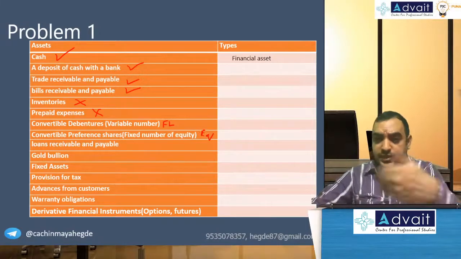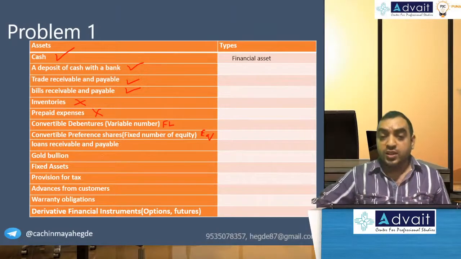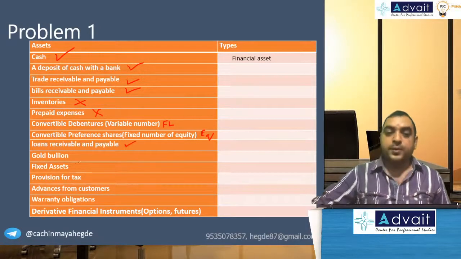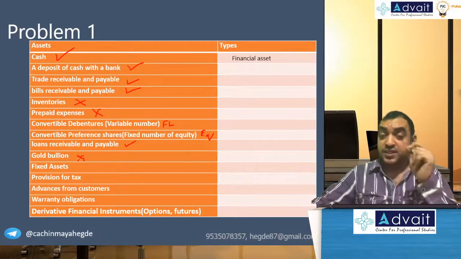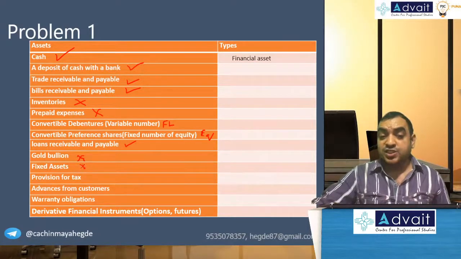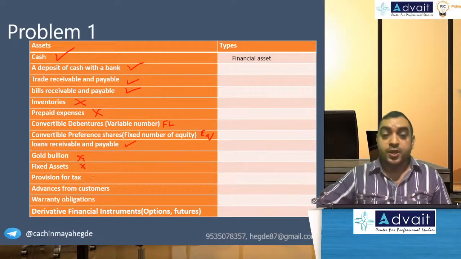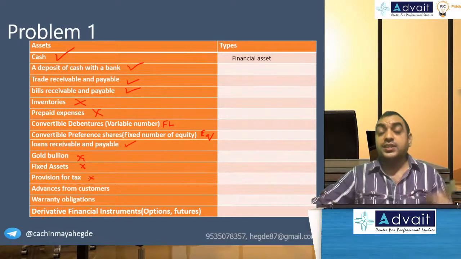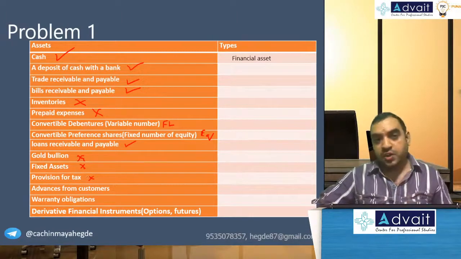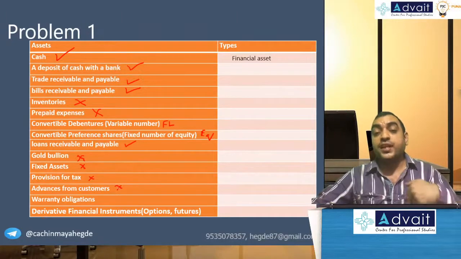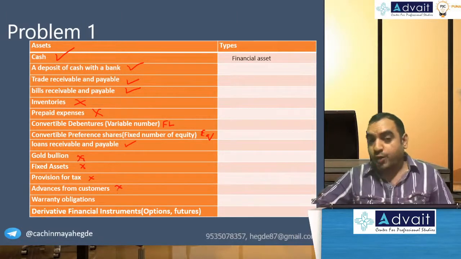I'll have to explain this in the next segment. I'll do it. Loan receivable payable is a financial instrument. Gold is not, it's a physical asset. Fixed assets are not financial assets. You have right to receive cash? No, you don't have right to receive cash. Provision for tax is not, it's a legal obligation, not a contractual obligation. Advance from customer, not, because you have an obligation to give goods, not cash.